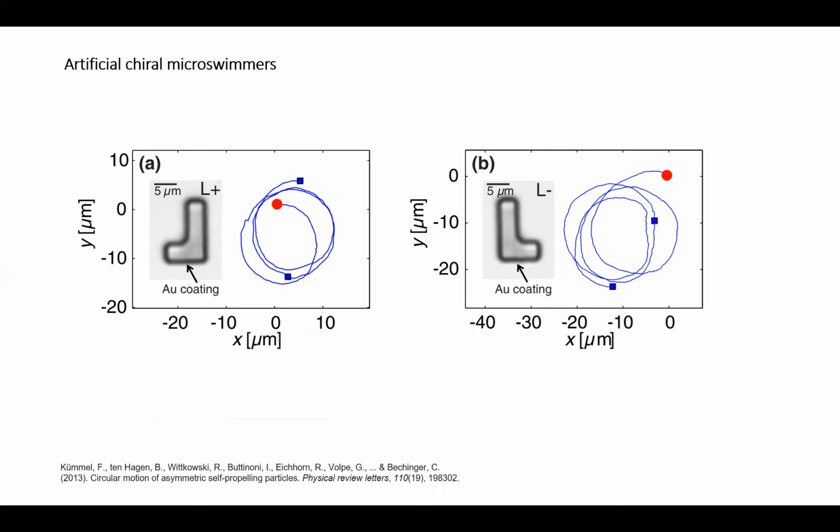We coat one side of these L particles from below, and when we shine a laser on it, they propel themselves. This is turning in one way as it's propelling itself because of the asymmetry of the particle, because the friction doesn't apply to the particle symmetrically as it's propelling itself, because it's asymmetrically shaped.